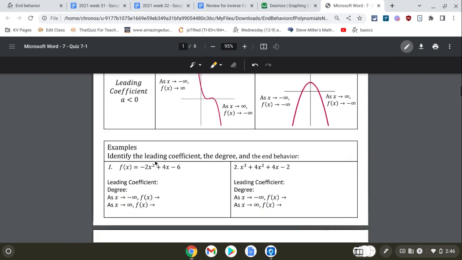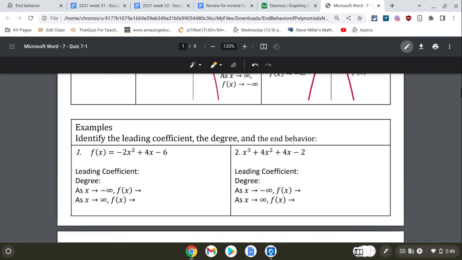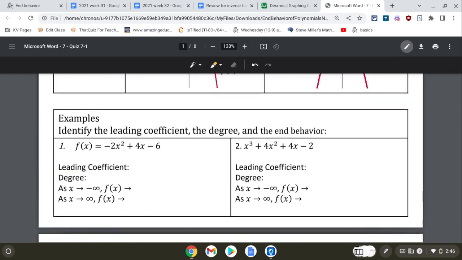All right. Identify the leading coefficient, the degree, and we're going to answer the questions about the end behavior here. All right, so on number 1, the leading coefficient is just this -2. Bam. The degree is a 2.